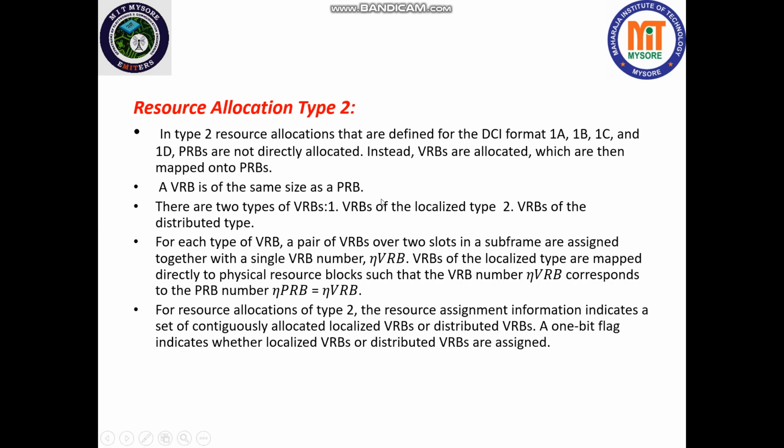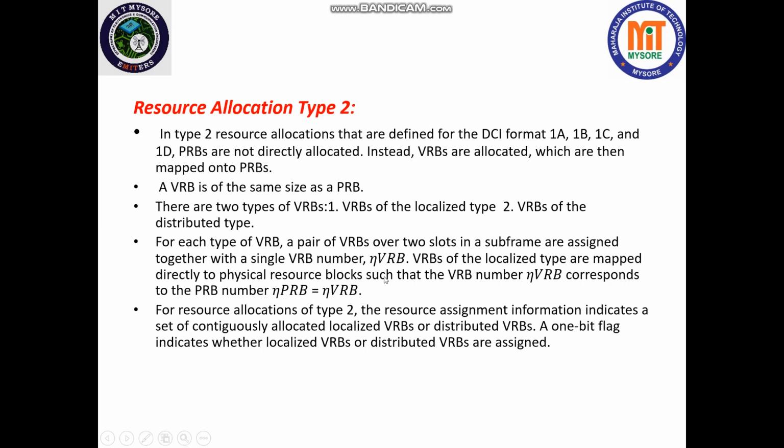Two types: one is virtual resource blocks of localized type, another is virtual resource blocks of distributed type. Here the localized type can be directly mapped to the physical resource blocks. Distributed virtual resource blocks are dynamic in nature and cannot be directly mapped onto the physical resource blocks.